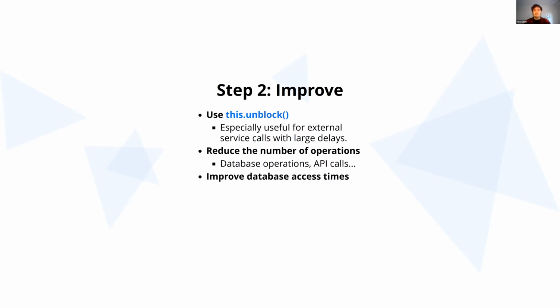What we have next is improving the database access times. If our methods are executing some database operations, like reading multiple times, maybe updating multiple times, it's quite important to make sure that the database operations on their own, every single one of them, are short and fast enough for us.